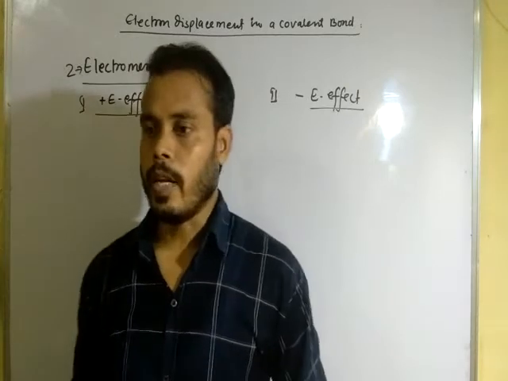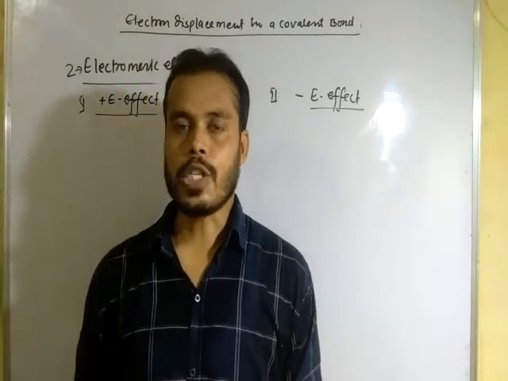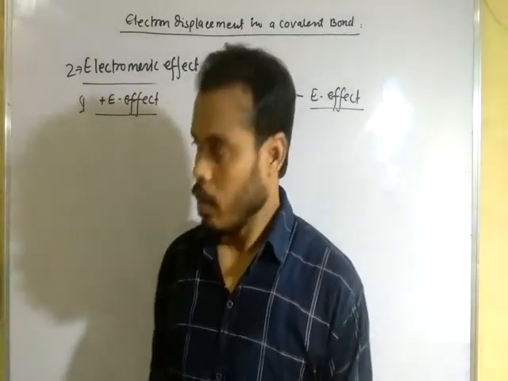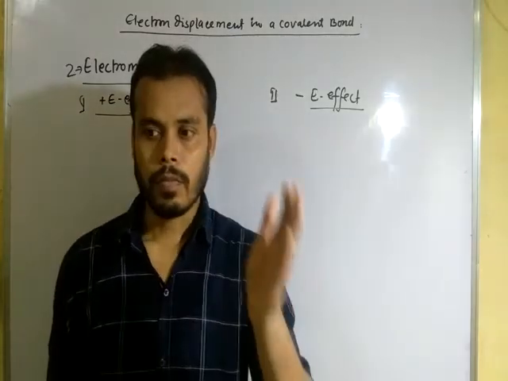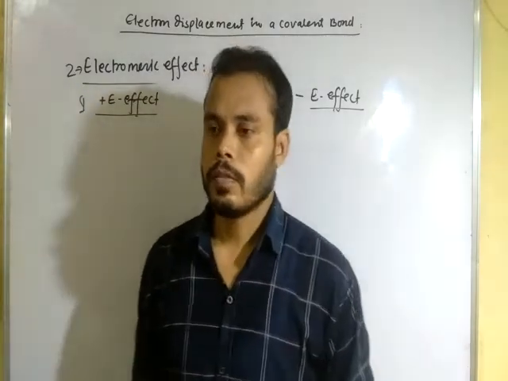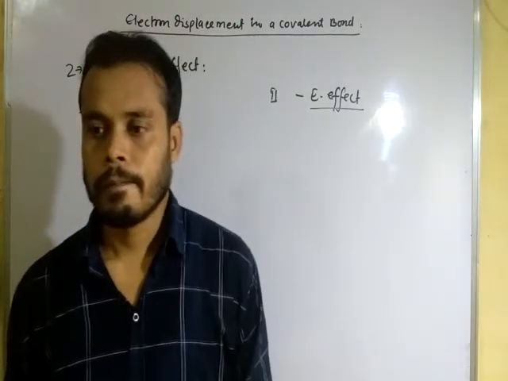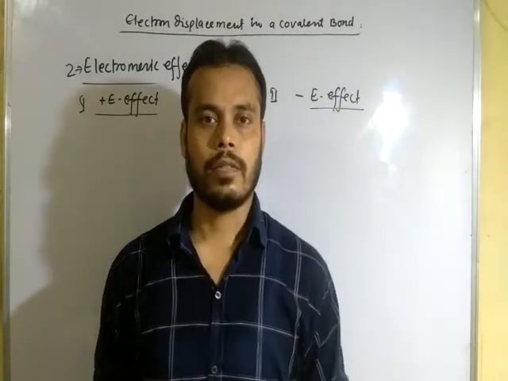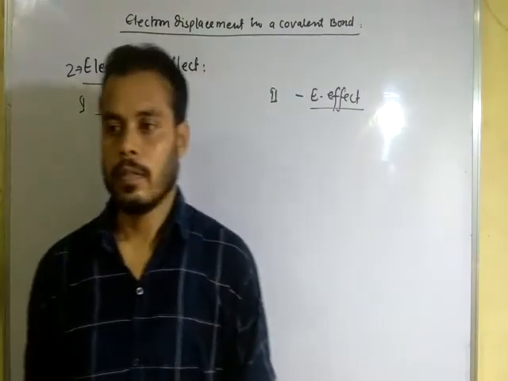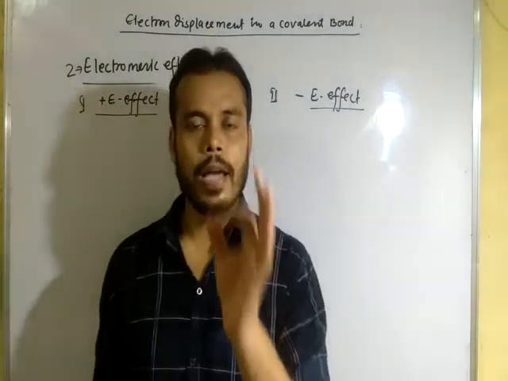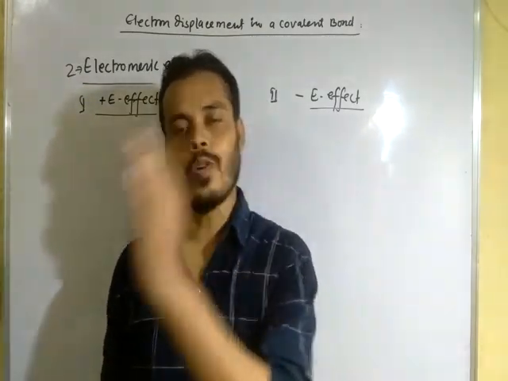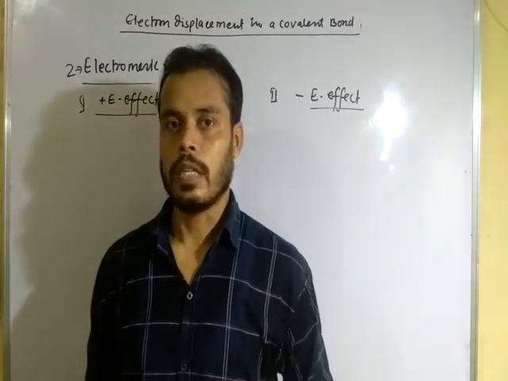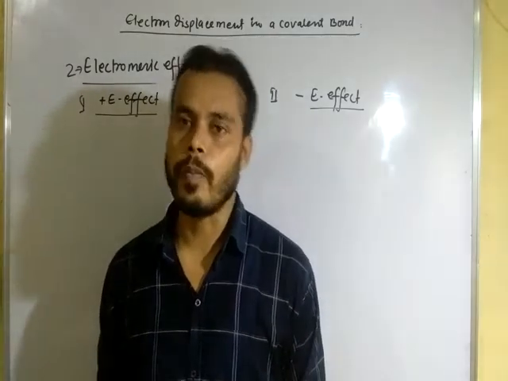What is the plus electromeric effect? When the electrons of the pi bond are transferred to that atom of the double bond to which the attacking reagent gets attached, it is called the plus electromeric effect.